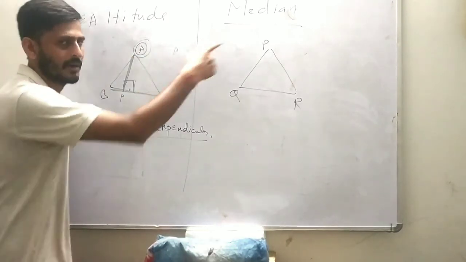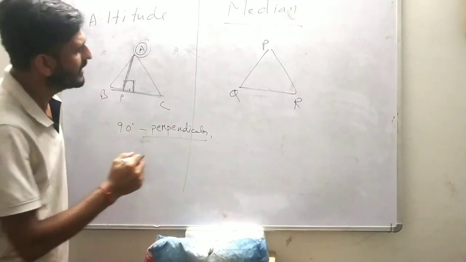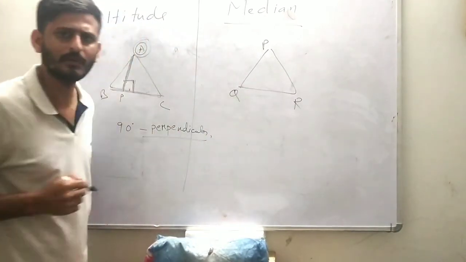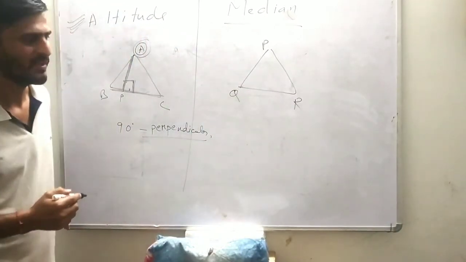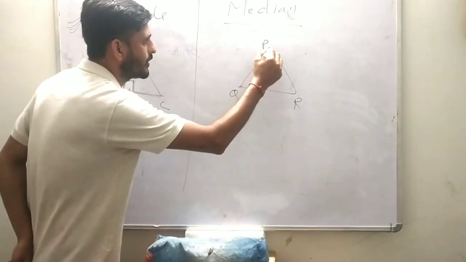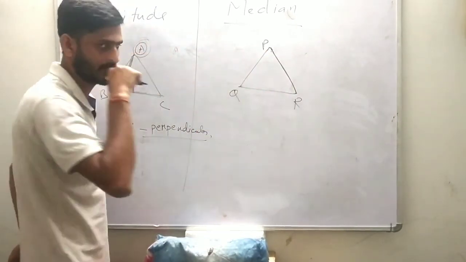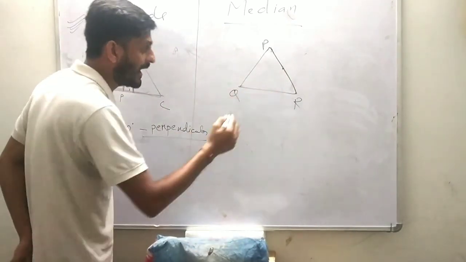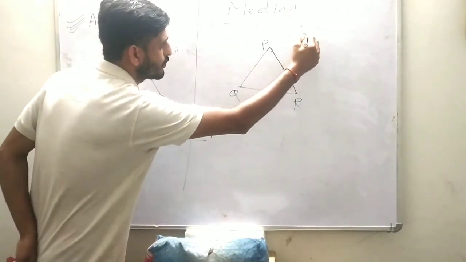Now let us understand the median. Take any vertex. I am taking Q. Whenever you take a vertex and join a point on the opposite side, suppose this is 4 centimeters.